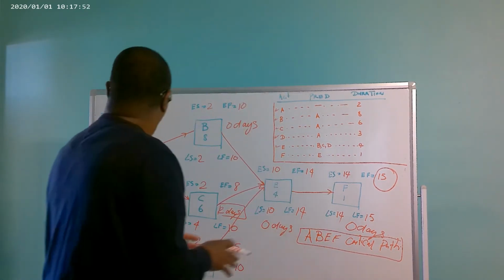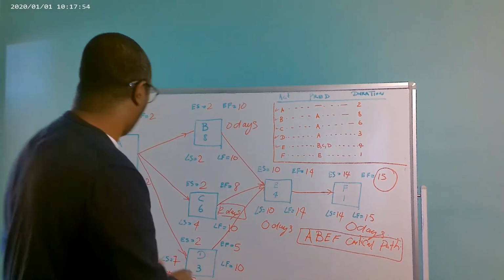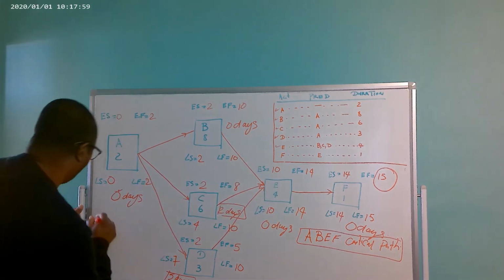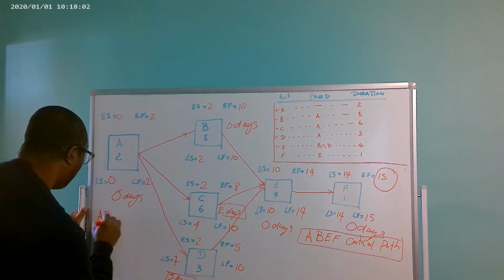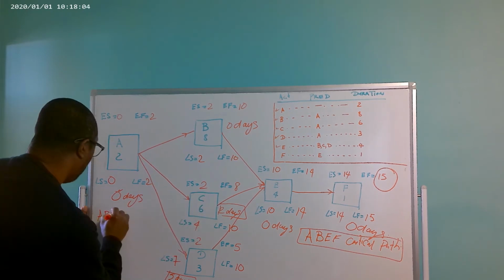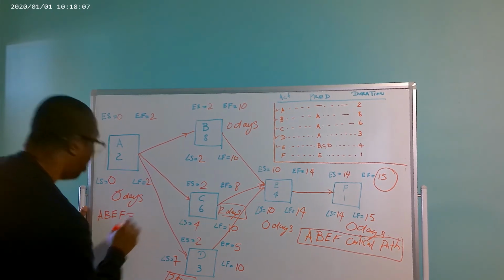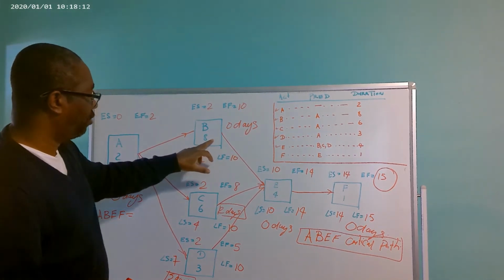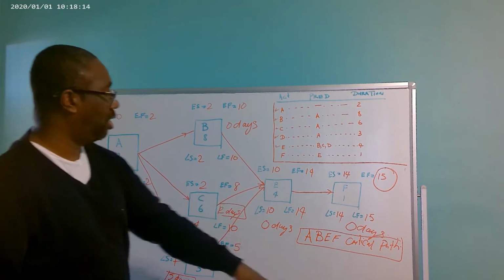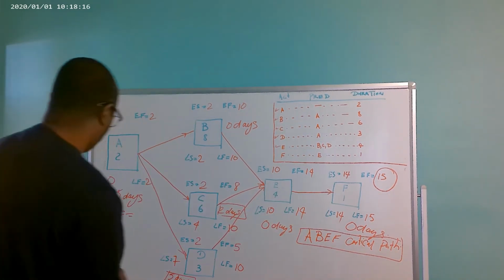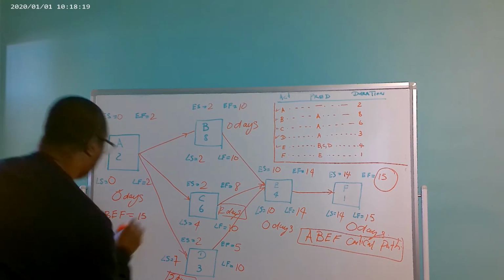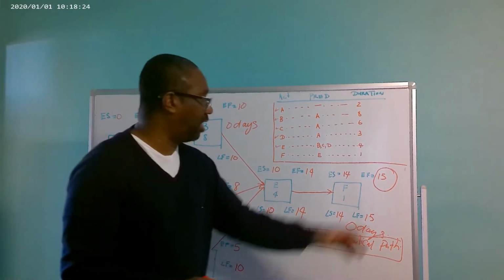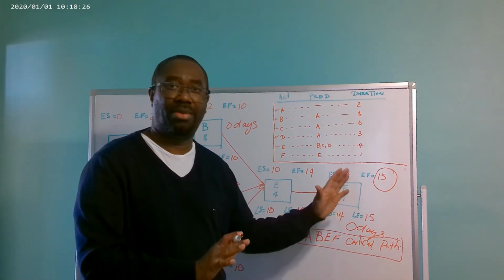So if we note the paths, we have path A, B, E, and F. We know that 2 plus 8 is 10, 10 plus 4 is 14, plus 1 is 15. So path A, B, E, F has 15 days, and if you notice, it has come back to the 15 days duration for the project.